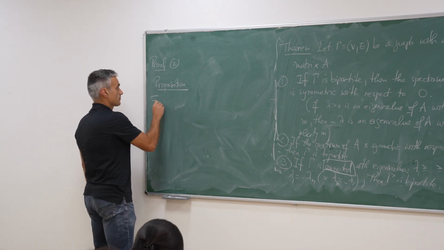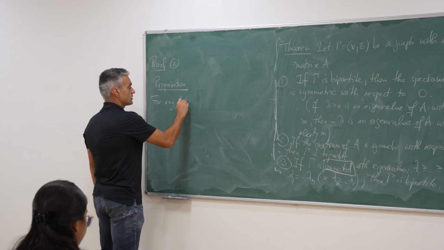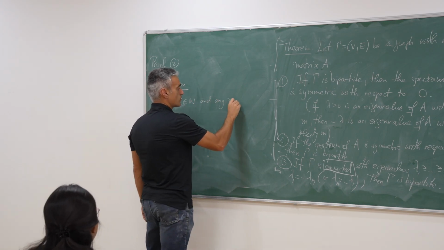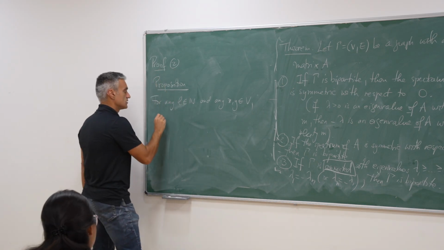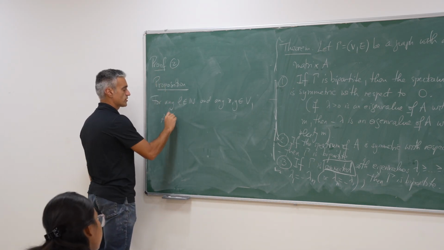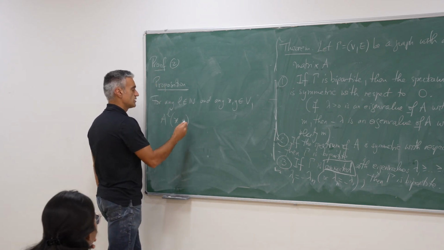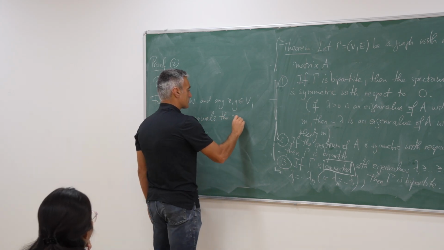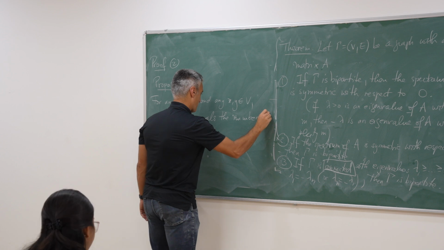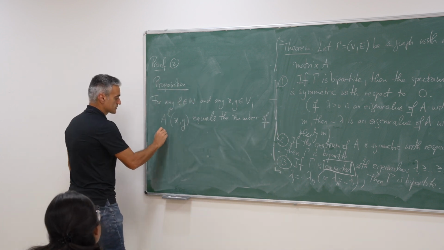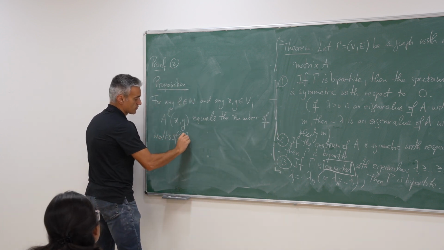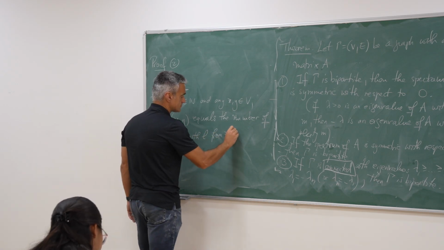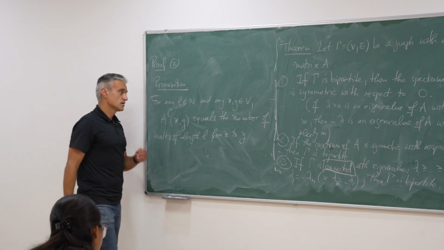For any L natural number and any x, y vertices, if you take the adjacency matrix and raise it to the power L and look at the entry xy, this equals the number of walks of length L from X to Y.